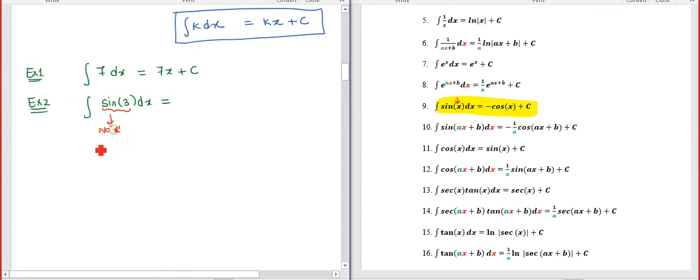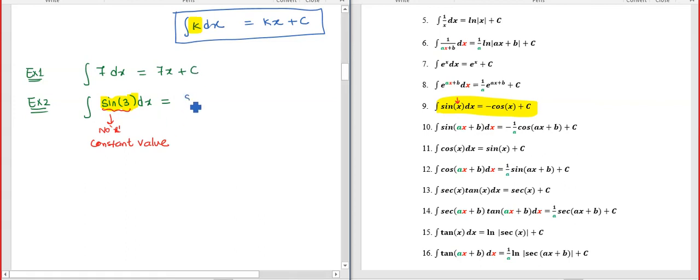No x means it is a constant value. You can calculate this value by using a calculator. It will give you a numerical value. So instead of that rule, you have to use this rule here because it is a constant multiplied by dx, isn't it?